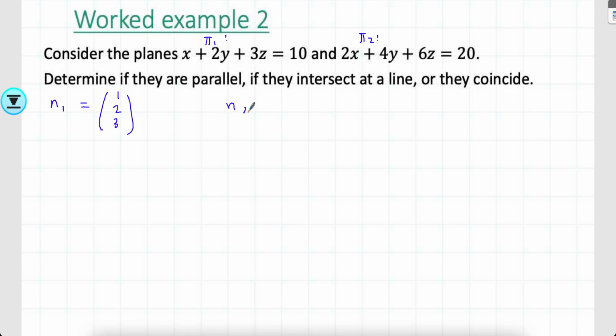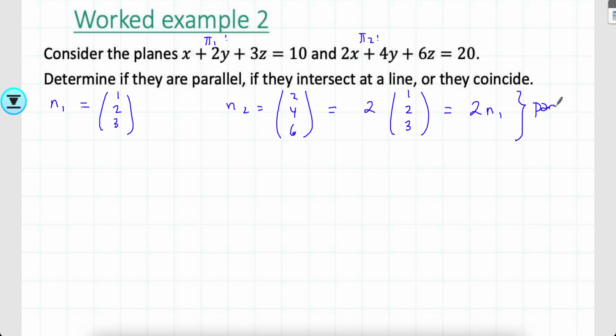And the normal for plane 2 is just 2, 4, and 6. And I can show that if I double 1, 2, and 3, which is the normal for the first one, it will give me the normal for the second one. So this is double. So I can safely say that they are at least parallel.